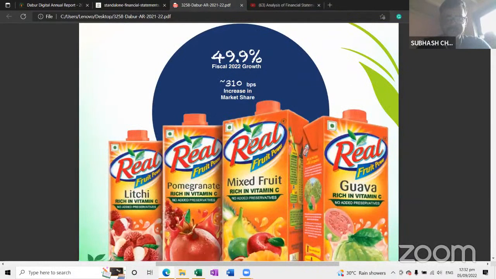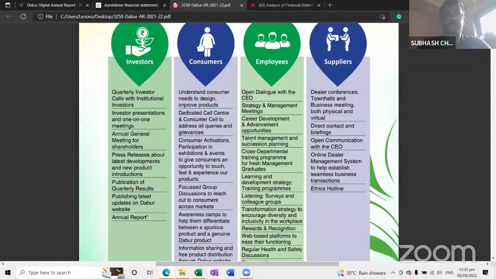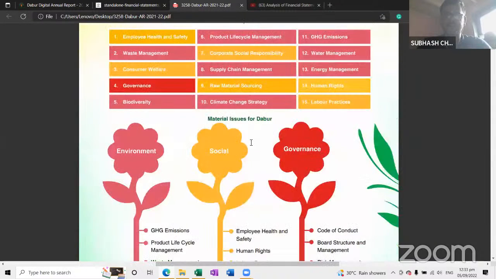Okay, now let's go to the financial part. See, everything is given here, the SWOT analysis, the opportunities, the threats.